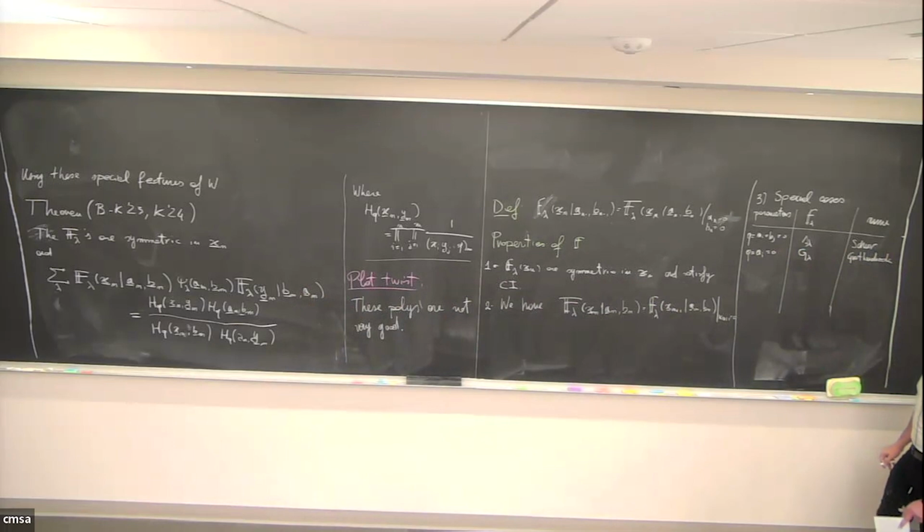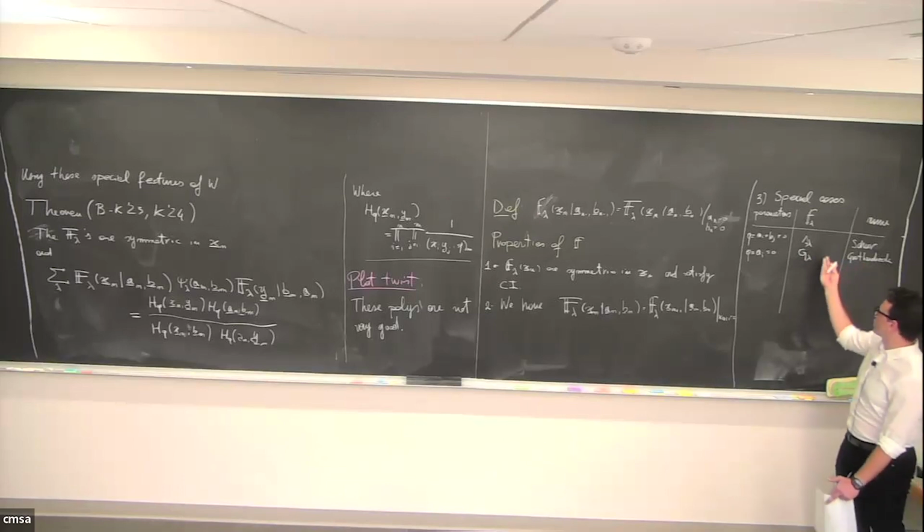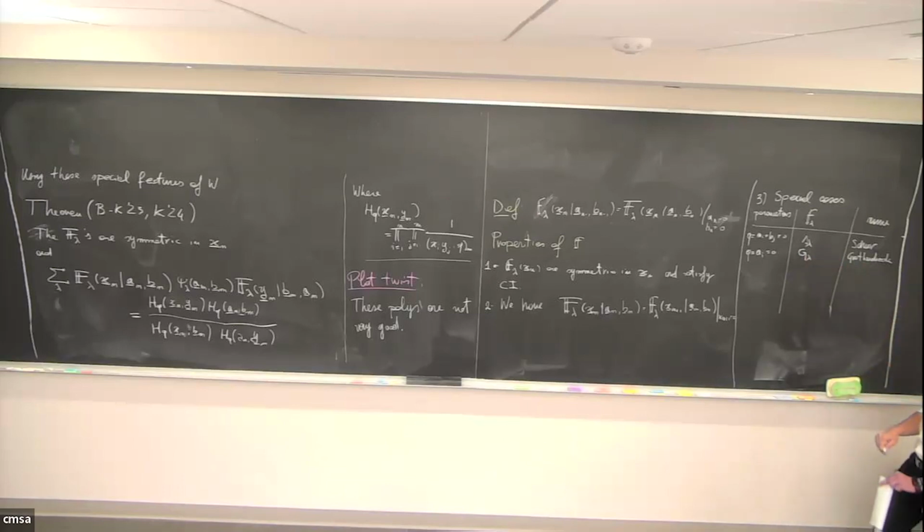There are several families of polynomials called Grothendieck polynomials. These are the symmetric Grothendieck polynomials. There are also non-symmetric polynomials called Grothendieck polynomials, and these are a special case of those.